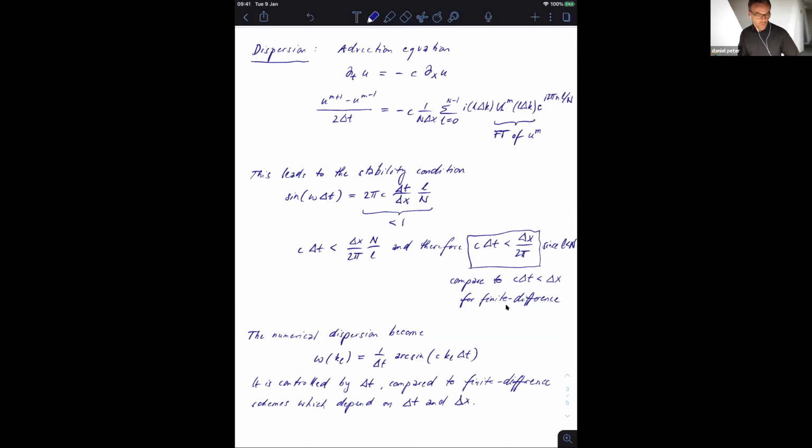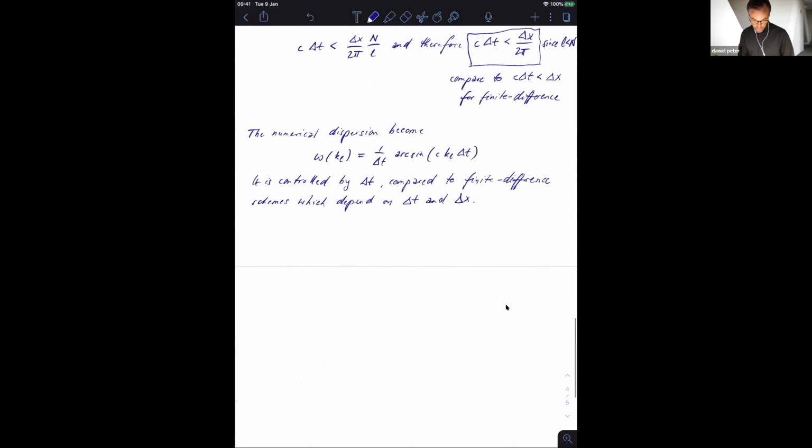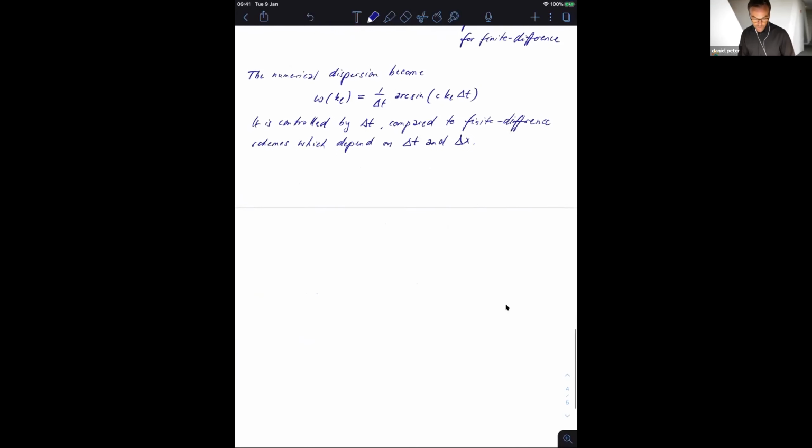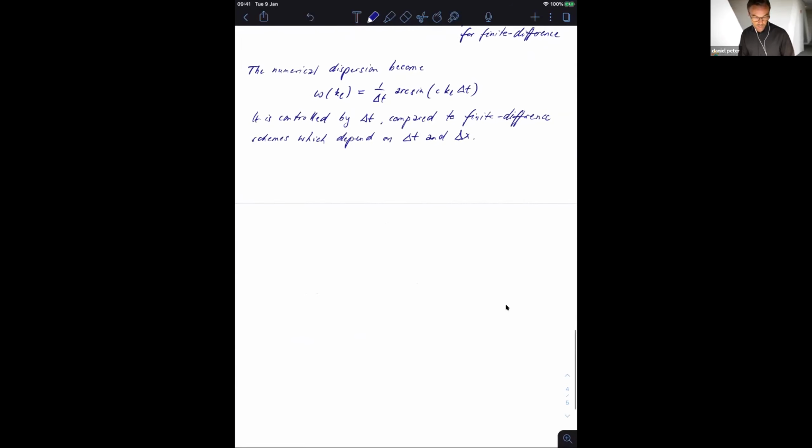There are a few more points that I usually give when we look at the pseudo-spectral method. You have them in the notes. So let's say the first point is that the Fourier transform makes the boundaries periodic.